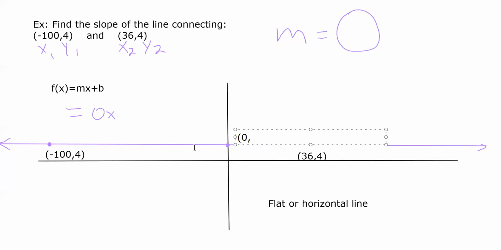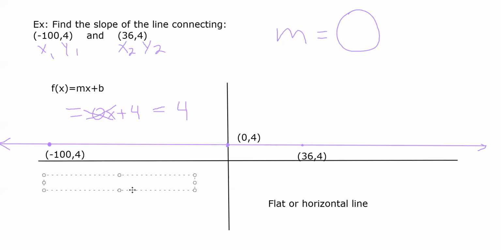It's a flat line, you're never going up or down. Thus, the y-intercept is also 4, it's 0, 4. So our equation would be 0x plus 4. And so I'm doing 0 times x. It doesn't matter what x is, as long as it's a finite number, which it will be. I just end up with the number 4.